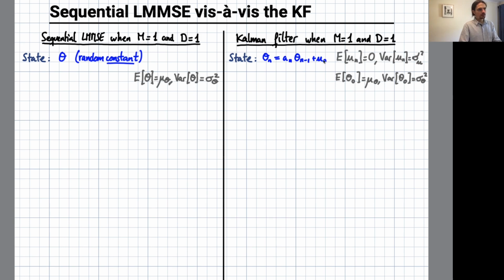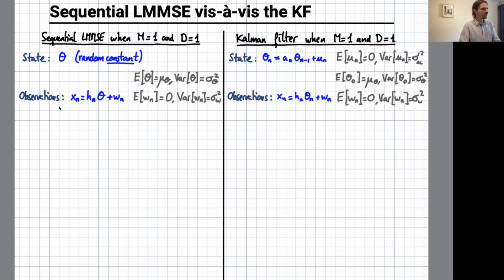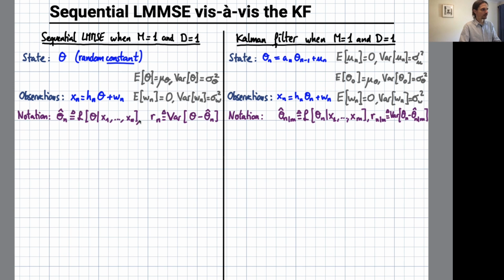And in addition, here we need the moments of the process noise un. The observation equations are exactly the same, with the exception that here we have theta, and here we have theta n. But for the rest, they coincide.